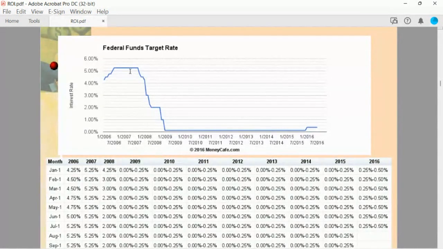Drastic increase. And then it leveled off at 5.25, and from January 2008, it started to drop. By 2009, 0.25. It was held at that level until January 2016, and then went up.